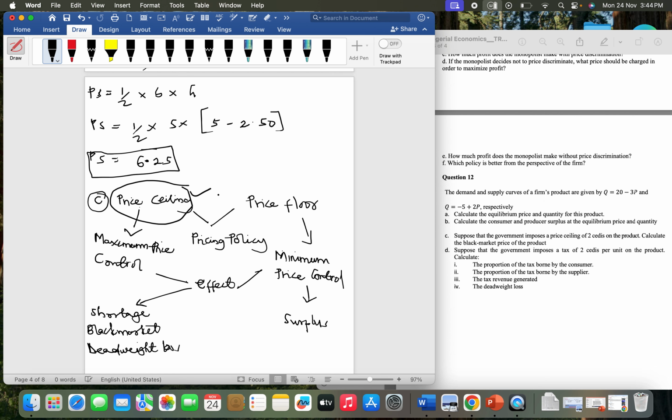There's a price ceiling when you sell below the equilibrium price, which results in a shortage. There's a price floor when you sell above the equilibrium price, which results in a surplus.